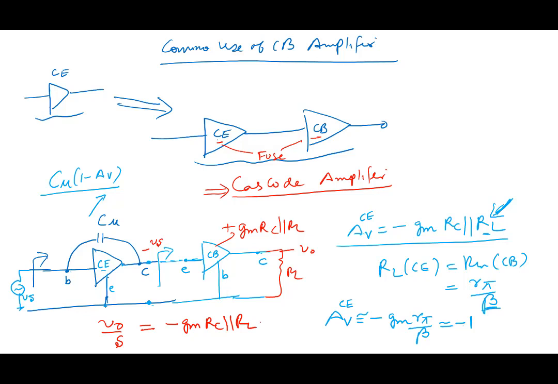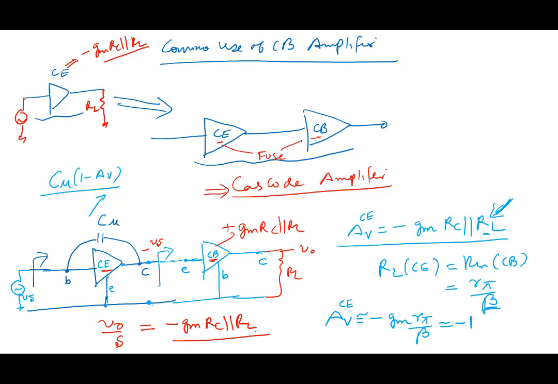So what benefit have you got? Our earlier common emitter stage, if I had directly connected it to my load, would have given me minus GM RC parallel RL. Now I connect a common emitter and a common base together, and I still get minus GM RC parallel RL.